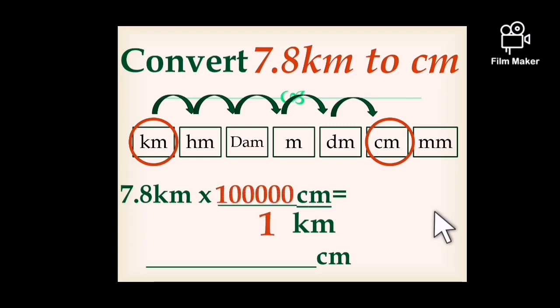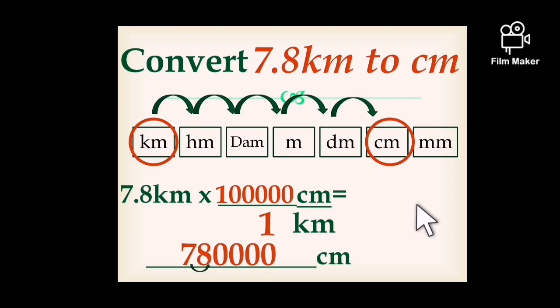So 1 kilometer is equal to 100,000 centimeter. So let us multiply 7.8 kilometer times 100,000. It is 780,000.